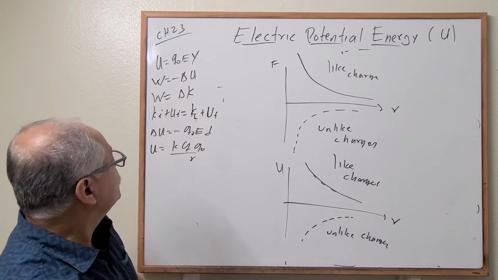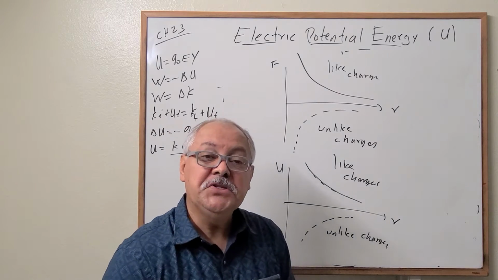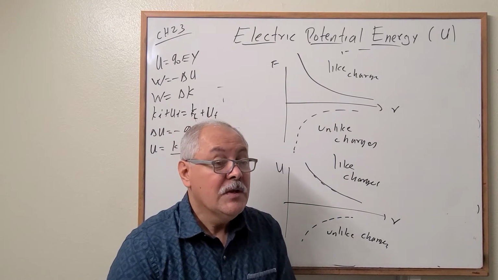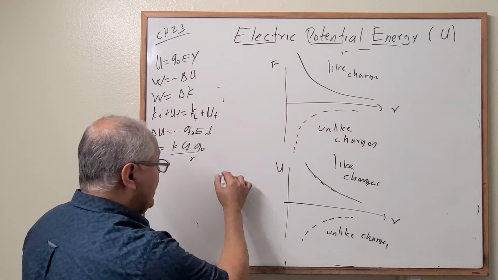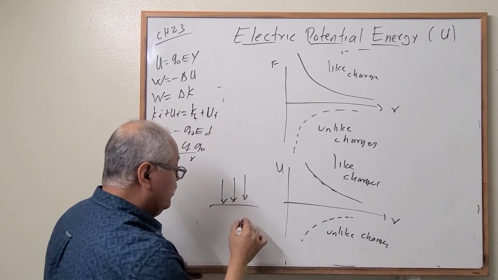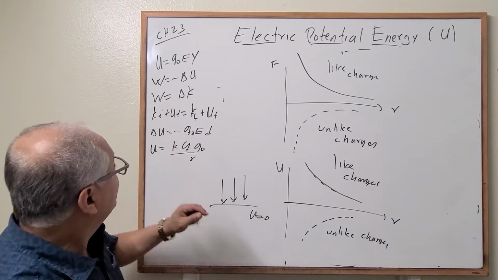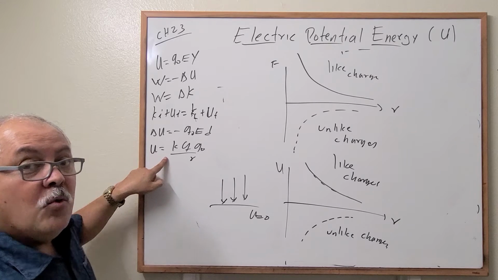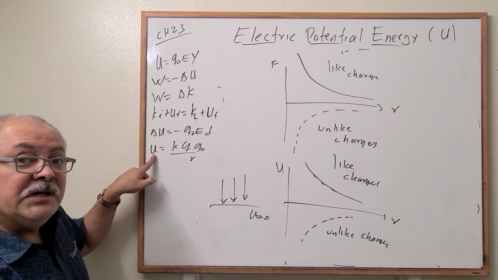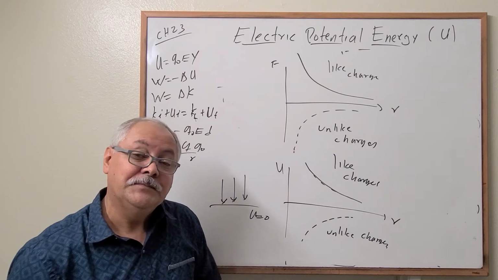Also, let's see what happens to zero. Remember, when we're dealing with potential energy in gravity, we mentioned that when we have a constant field, like on the ground, we call the potential energy zero. What about for this case? When is this electric potential energy zero? Well, when the distance is at infinity.